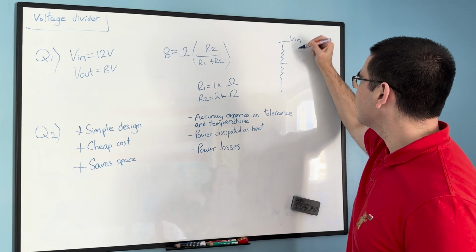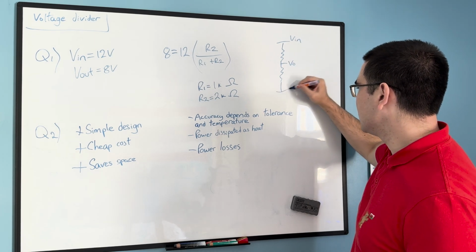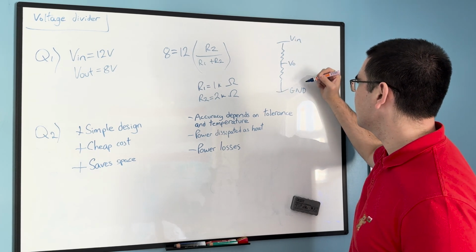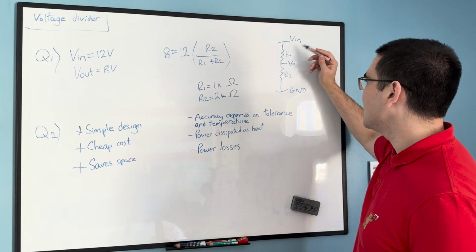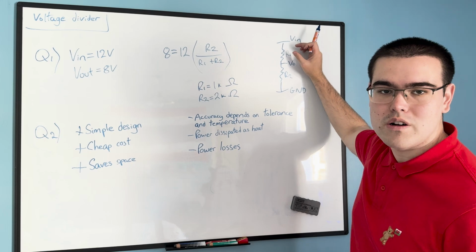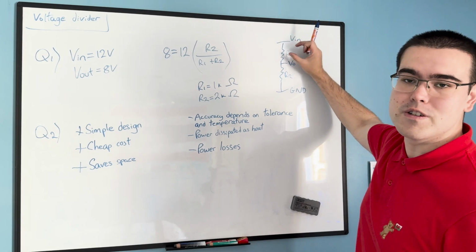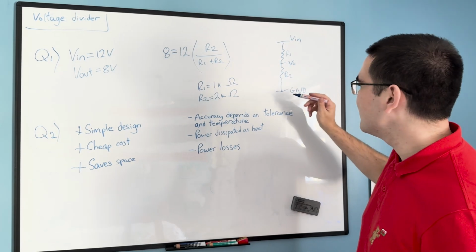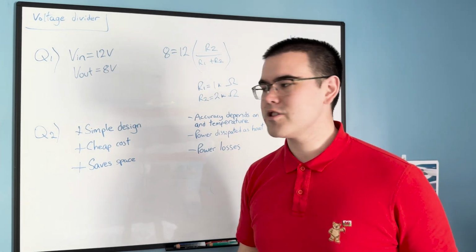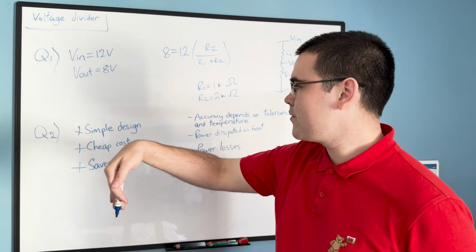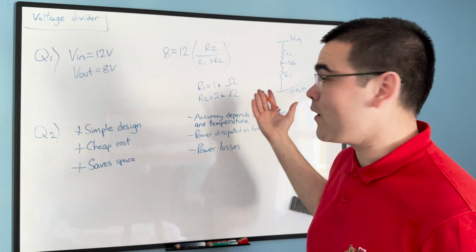V in is here, V out is here, and the ground is here. So once we go past R1, and we're across R2, we're going to lose some voltage across R1, and power is a product of the voltage and the current. So that will take a dip according to the drop of the resistor.